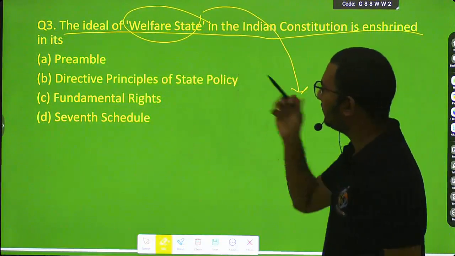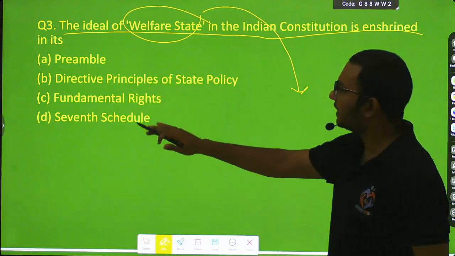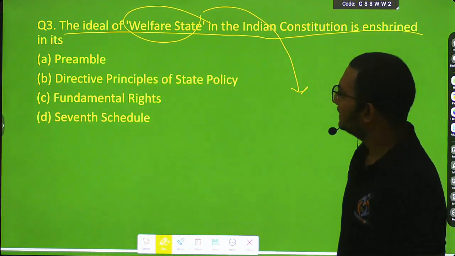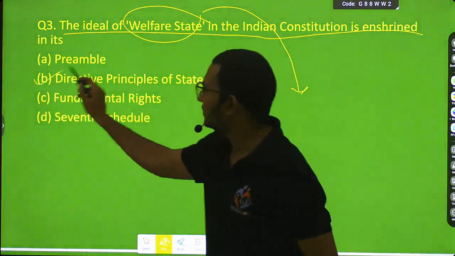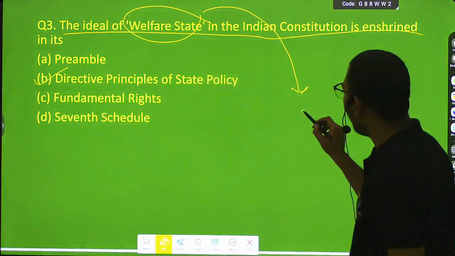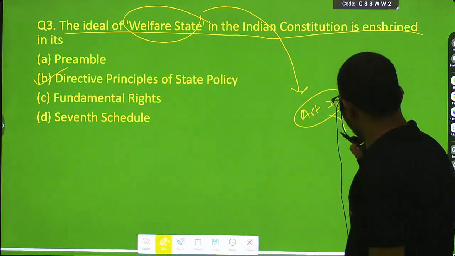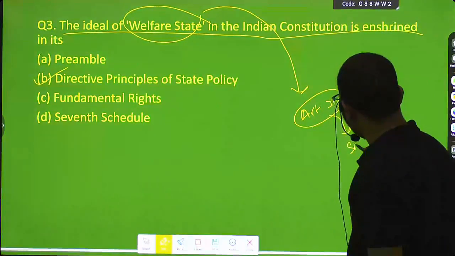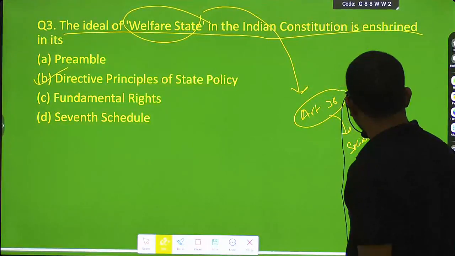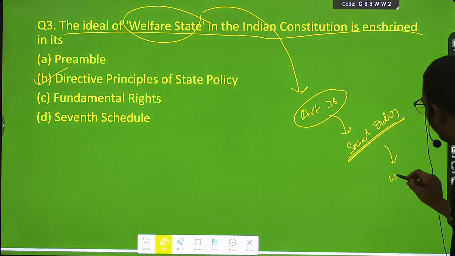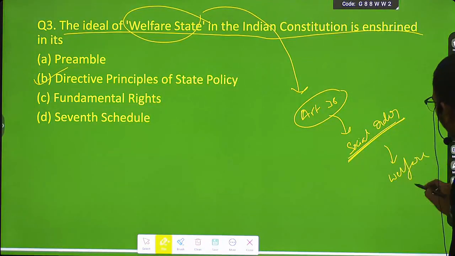Preamble, directive principles of state policies, fundamental rights, or seventh schedule. Okay, see, actually it's a part of directive principles. In article 38, we talk about establishing a social order so that we get welfare of the people.